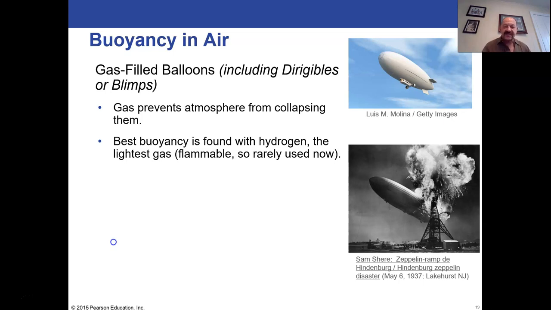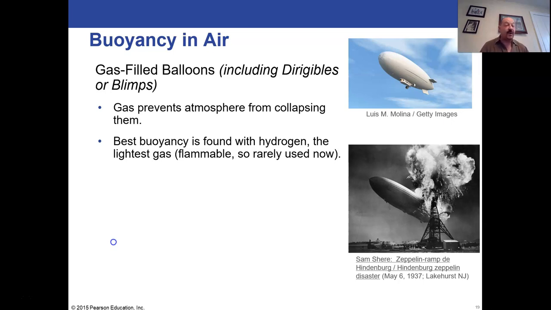And to this day, they're still not exactly sure what ignited the fire. It might have even been sabotaged. It probably wasn't. It was probably some faulty device or something hit or a spark hit. But the hydrogen ignited and the whole thing went up in flames, and a little more than a third of the passengers and a third of the crew perished in this horrible incident.